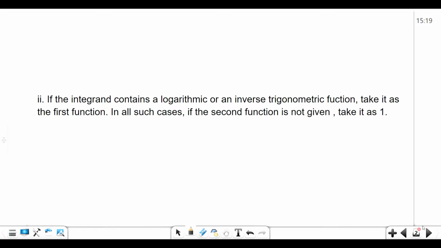And in all such cases, if the second function is not given, you have to take it as 1. Consider that the number 1 is present there and treat that 1 as the second function. I understand that this rule number 2 may also not be understood by you, but we'll do the questions and you will be able to understand.